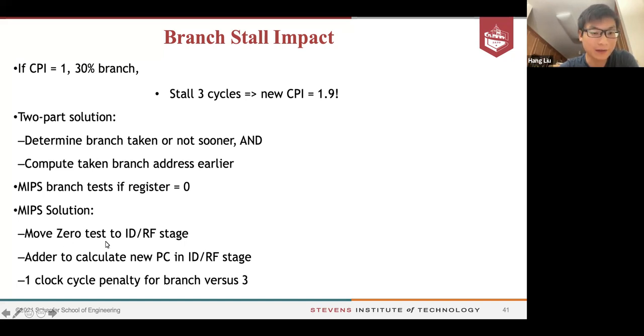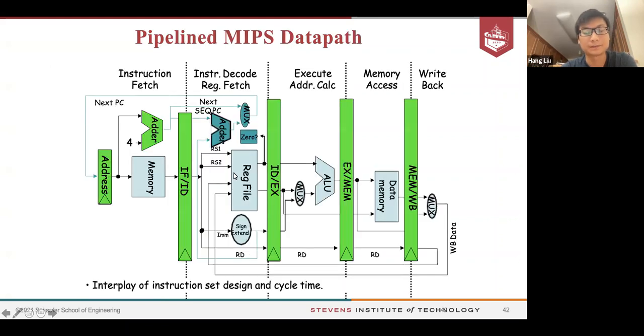We can move the zero test to the instruction decode, register file stage, and also calculate the new PC in instruction decode. Then we decide the branch test earlier, so we don't wait until execution or memory access to decide where we go, right? This saves a lot of clock cycle penalties.